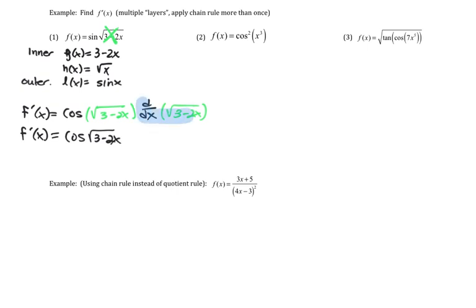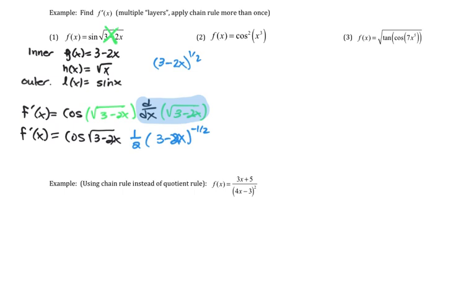Now we differentiate this, but this is still a composite function. So to differentiate that is going to require the chain rule itself. If it helps you to think of it this way, it's 3 minus 2x to the 1/2, right? So the derivative of that, the outer function, is the 1/2 power function. So we're going to get 1/2, what's in there to the negative 1/2. We leave what's in there. But it wasn't just an x. So what do we have to do now?